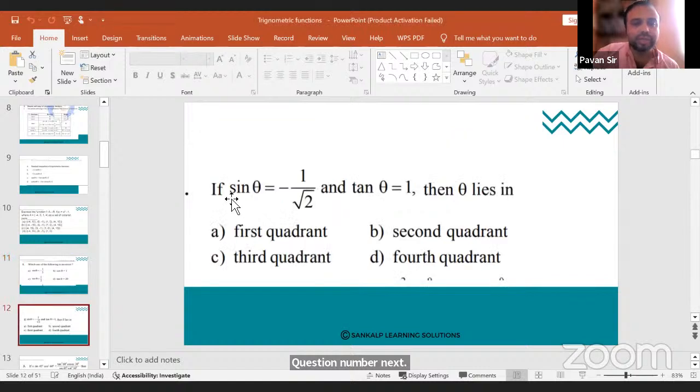Next question is, if sine theta is minus 1 by root 2 and tan theta is 1, then theta lies in the first quadrant, second quadrant, third quadrant or fourth quadrant.